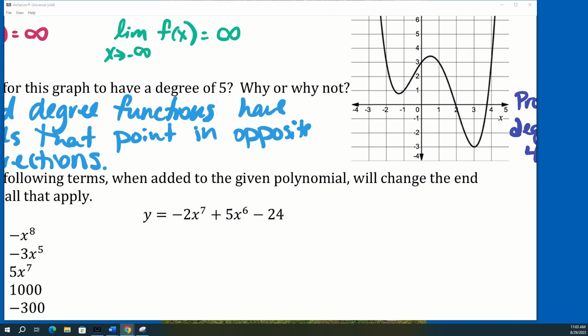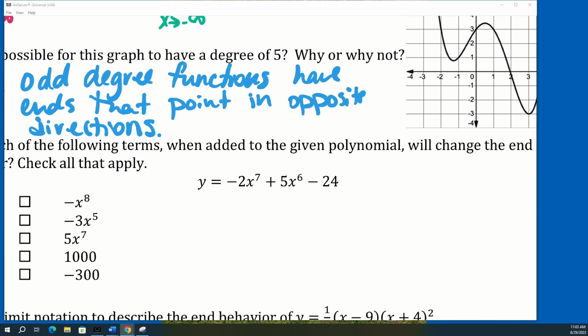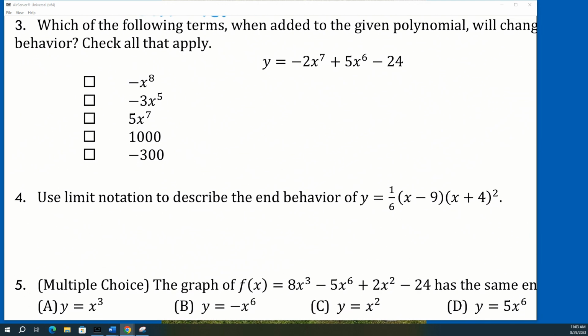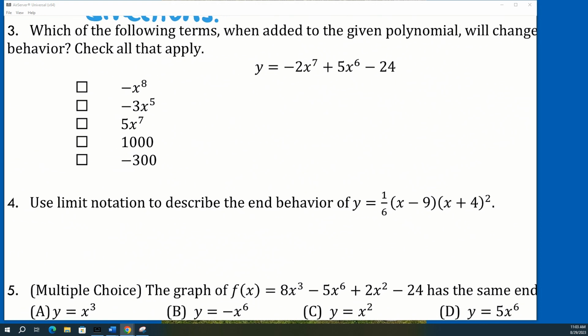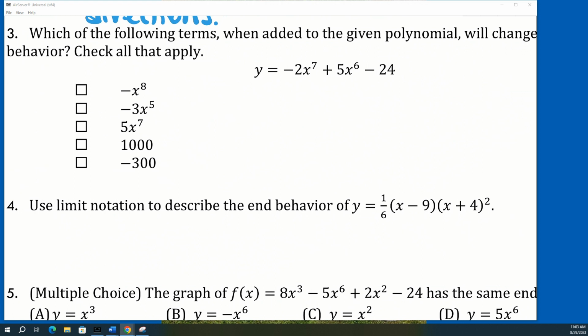Okay, now I'd never seen questions like number 3 until this year, and I kind of like it. So it says, which of the following terms, when added to the given polynomial, will change the end behavior? So right now, the only term that matters in terms of the end behavior is the negative 2x to the 7th.